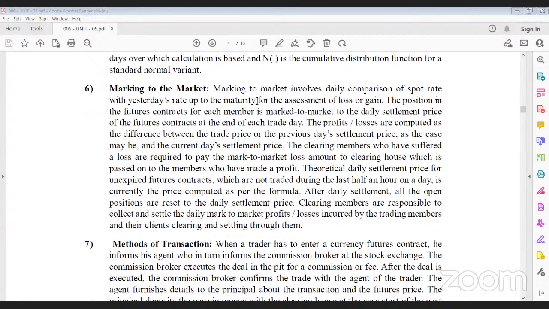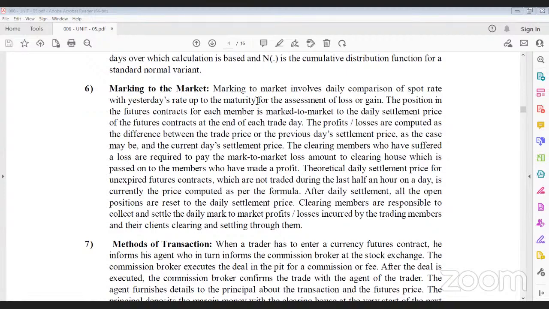The so-called clearing members who have suffered any losses have to pay the mark-to-market loss amount to the clearing house. After daily settlement, all open positions are reset to the daily settlement price. These members are responsible for collecting and settling the daily mark-to-market profits.